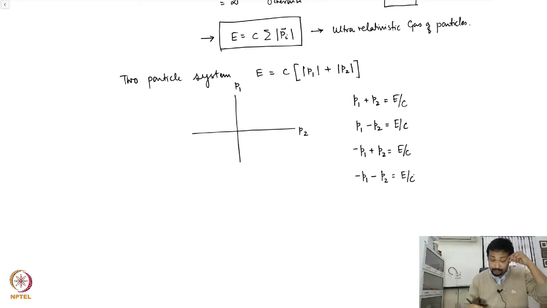Look at the first equation. It clearly tells you that if p2 is equal to 0, p1 is E over c, and similarly if p1 is 0, p2 is going to be E over c.